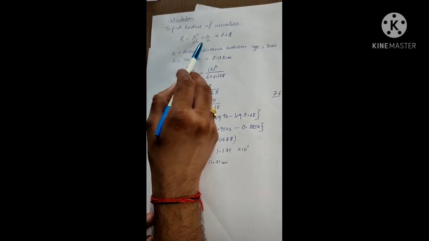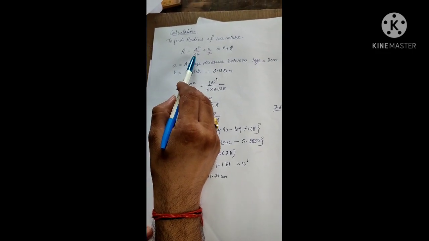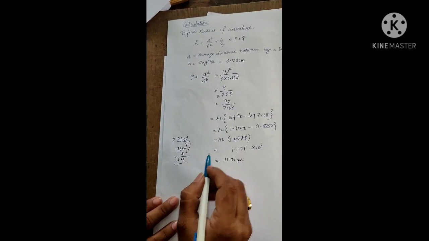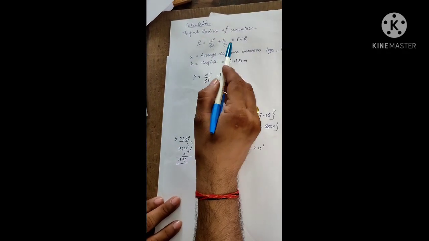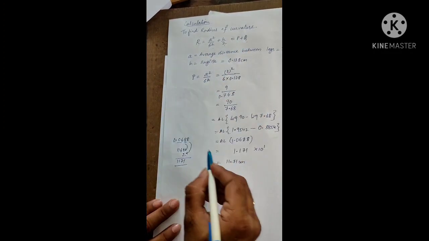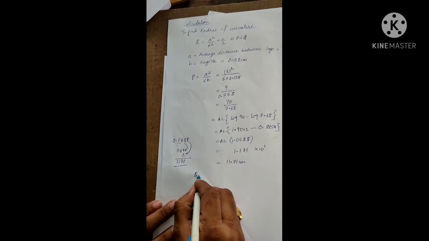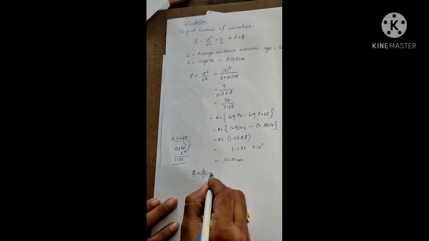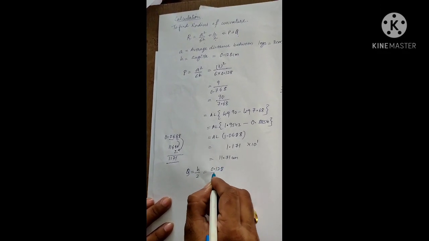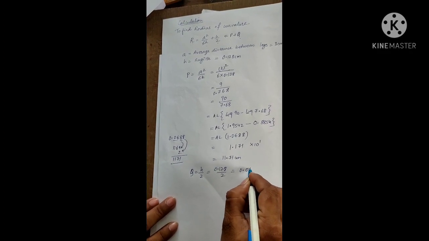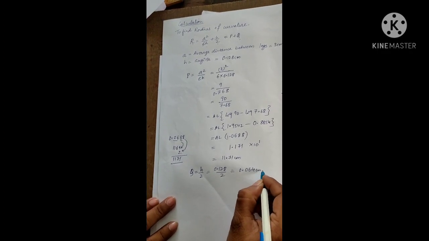The radius of curvature is a square upon 6h plus h by 2, that is p plus q. The p part is 11.71. Now the q part is equal to h by 2. H is 0.128, upon 2 is equal to 0.064 centimeter.